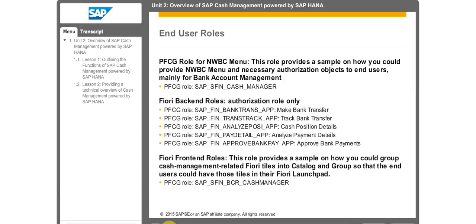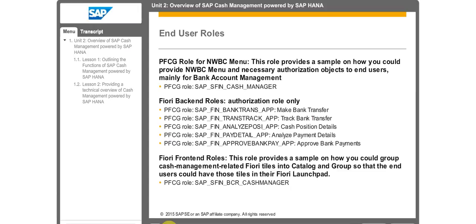This is regarding the roles for SAP Simple Finance Cash Management by SAP HANA. For the NWBC menu, you need to assign the PFCG role SAP_SFIN_CASH_MANAGER in the back end. And also, for the front end, you need to assign the role SAP_SFIN_BCOR_CASH_MANAGER. This role provides the Fiori tiles, Fiori catalog, and the Fiori group, so that the end users can have those tiles in their Fiori Launchpad if they have the role assigned to the user.